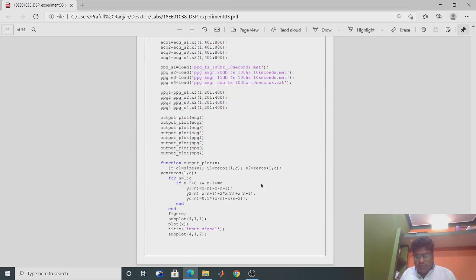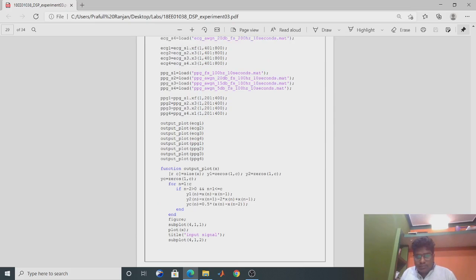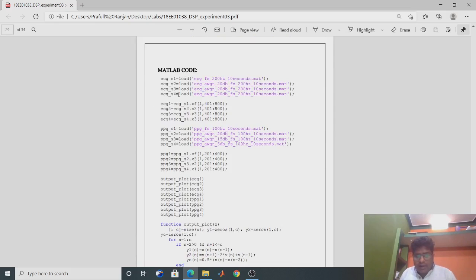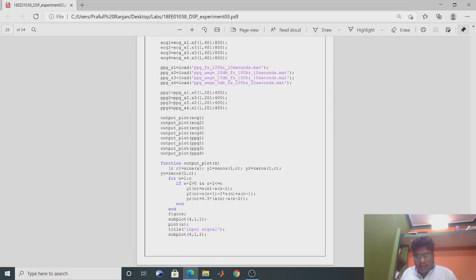This is the code where first I have loaded the signals, and then I am extracting the data from the signals, and after that I have taken 2 seconds to 4 seconds for every signal, and one by one I am calling the function to plot.